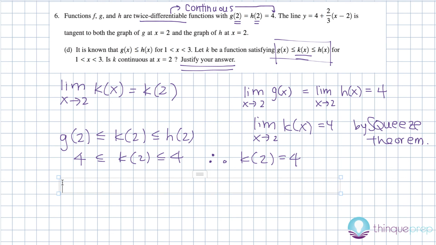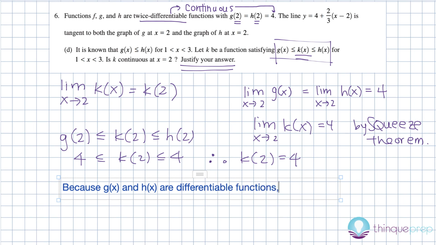Well, I'd say something like this. Because g of x and h of x are, well, let's say differentiable first, are differentiable functions, then they must also be continuous functions.